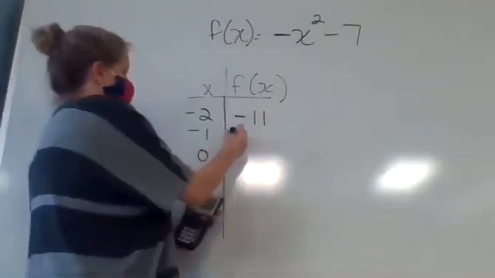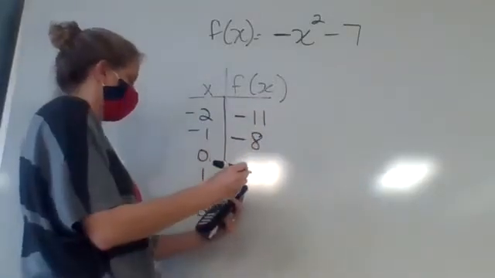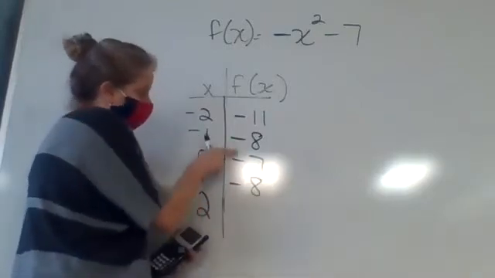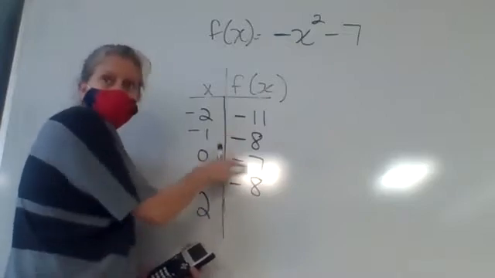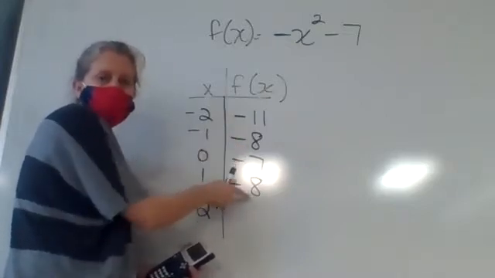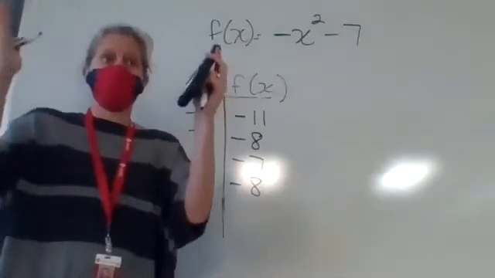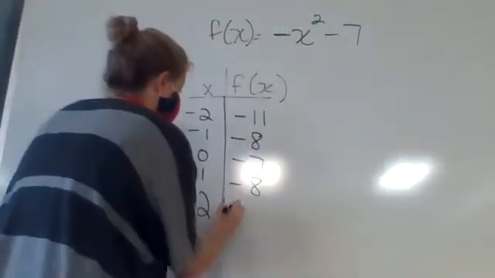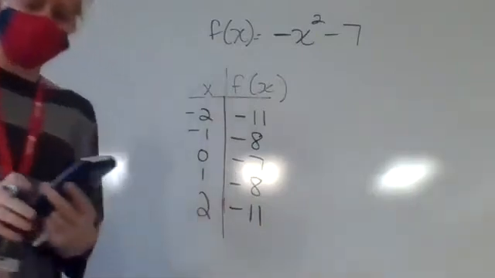Negative 1 goes with negative 8. 0 goes with negative 7. 1 goes with negative 8. Remember, that right there is why what happens? The mirror, the U occurs because you have y's that are the same, which means they're in the same spot right there. So, and then what? 2, negative 11.